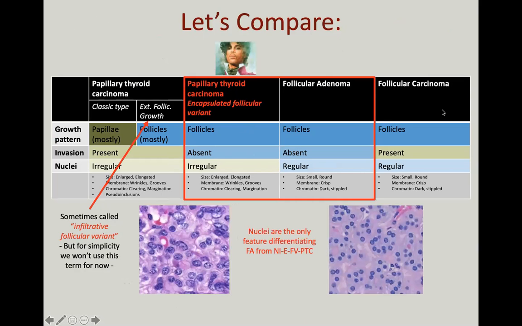And we have, of course, follicular adenoma and carcinoma on the right. And as I suggested, the only thing differentiating a follicular adenoma from the so-called non-invasive encapsulated follicular variant of PTC was the presence of regular round nuclei versus irregular wrinkled nuclei.